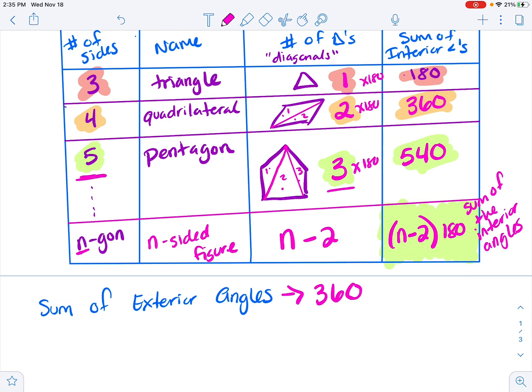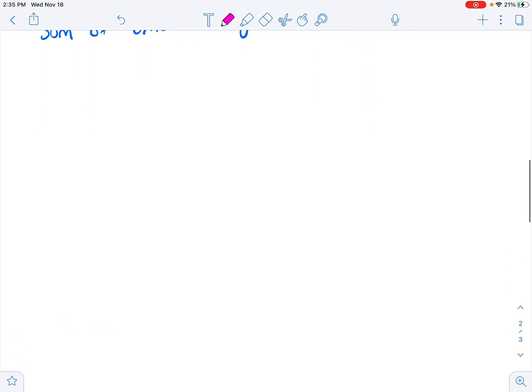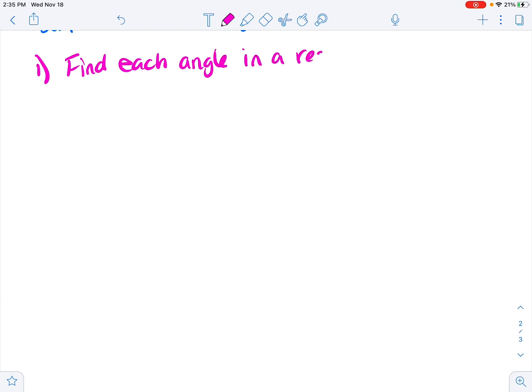So now let's practice some. Okay, so number 1. Find each angle in a regular hexagon.